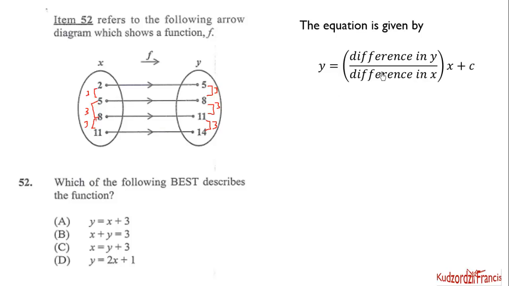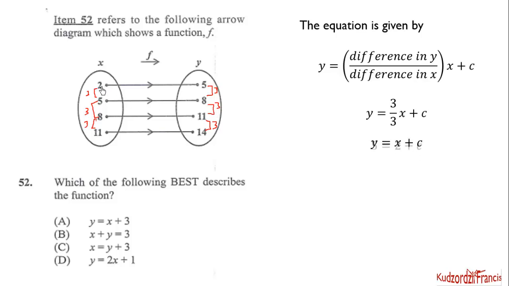Therefore, the equation will be y is equal to the constant difference in y, which is 3, over the difference in x, which is also 3. So we get 3 over 3 times x, which is the same as y equals x plus c. We can pick any point from here to find the value of c.